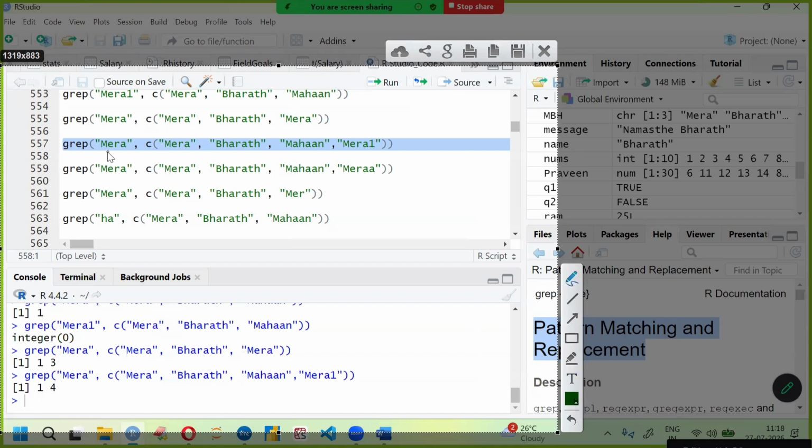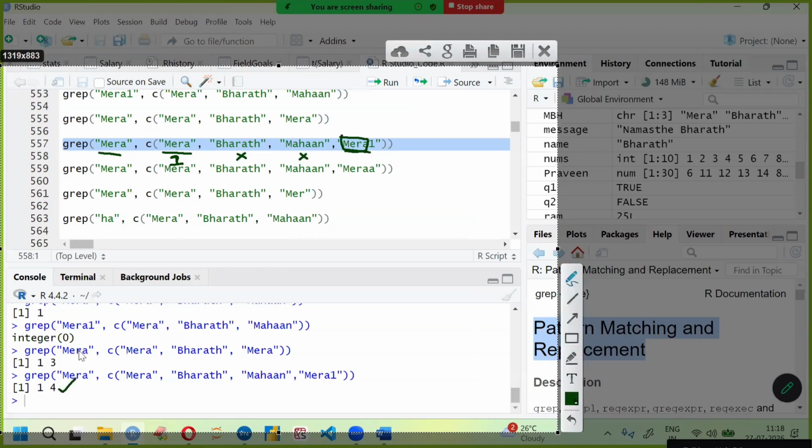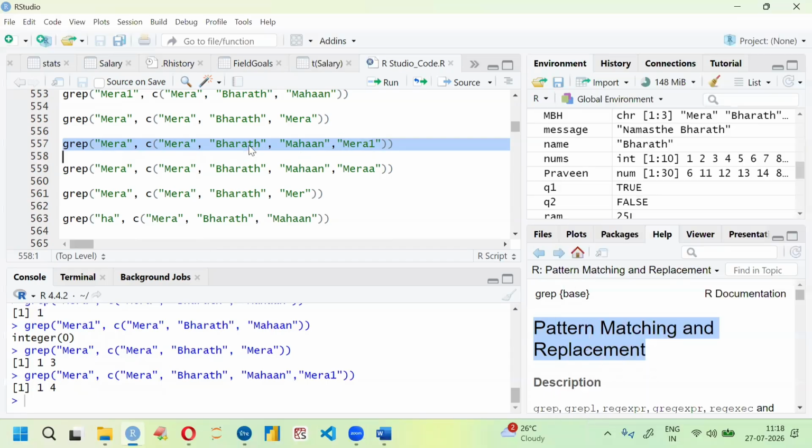We are looking for Mera. In Mera at index 1, the pattern is matching. In Bharat it is not matching, in Mahan it is not matching, but in Mera1 it is matching, because Mera1 contains Mera up to that point, so everything is matching. That is the reason we got 4. So index 1 and 4 are pattern matching.